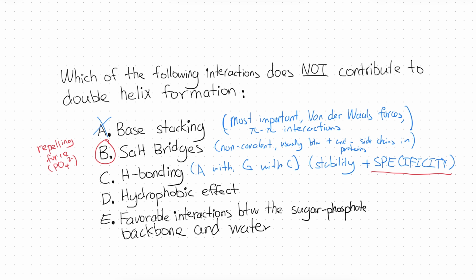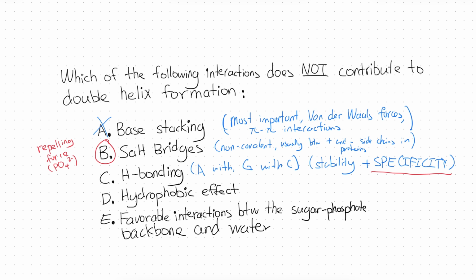The nitrogen bases are relatively hydrophobic, right? But the sugar phosphate backbone is highly hydrophilic. To minimize free energy, the hydrophobic bases hide inside the core of the helix away from water, driving the structure to twist into a double helix.